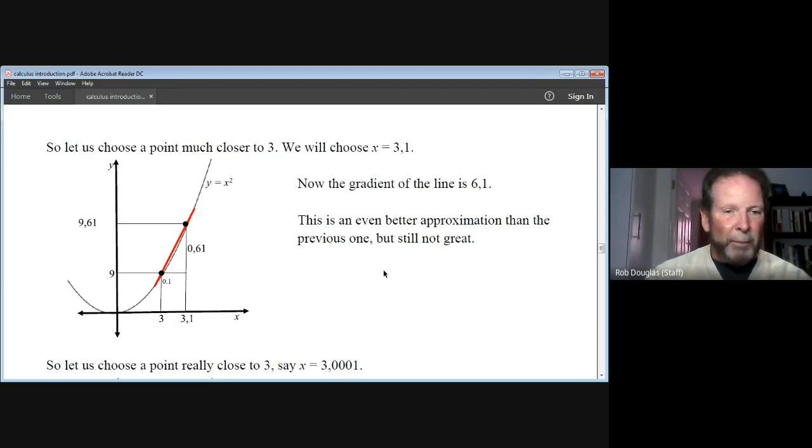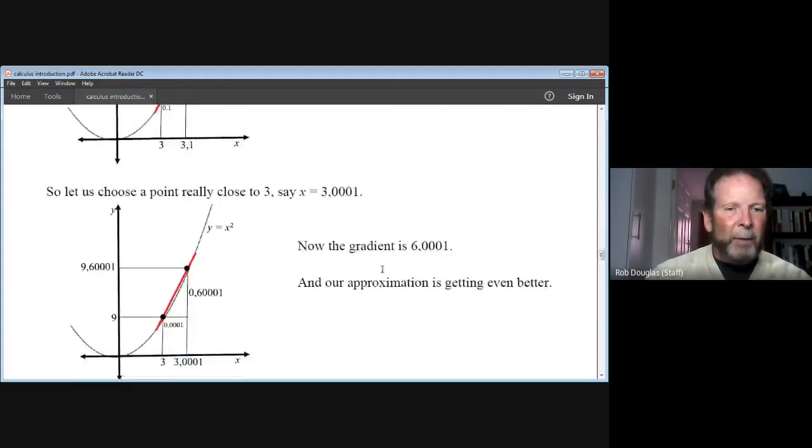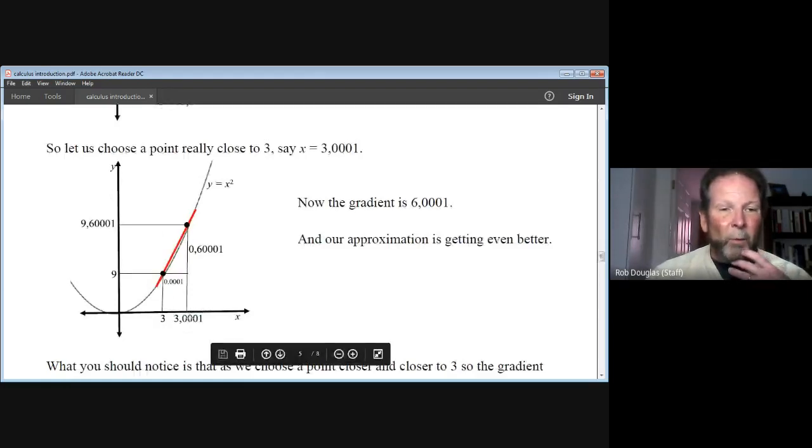It's a better approximation. But what would happen if, instead of making it 0.1, we made it 1/10,000th? So this is just a tiny little piece here. Like 3.0001. If we only move just a tiny little bit this way, then let's see what it would be. If you take 3.00001 and square it, you'll get this really tiny number.